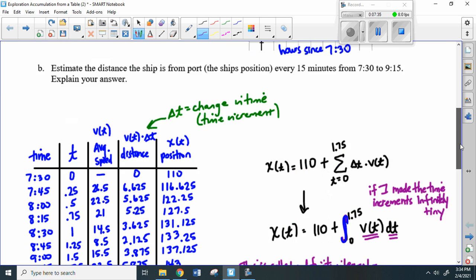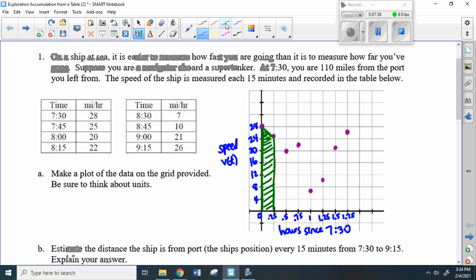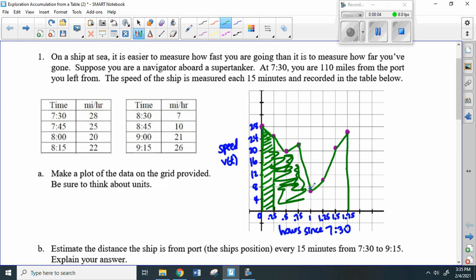What that really is, is the area. All right, so if I go back up here to my picture and I drew trapezoids from every single piece, and then I counted up all the blocks under those trapezoids all the way from 0 to 1.75, I would get approximately 33 total blocks for all of this space, okay?